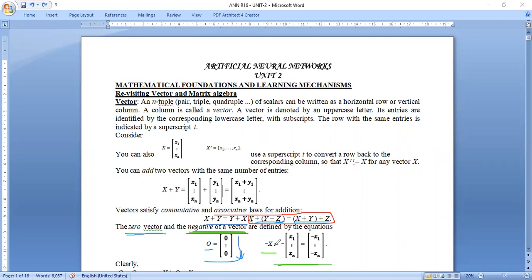So minus x equals minus x1, x2, xn. Or you may represent it like this: minus x1, minus x2, minus x3, minus xn. This is the representation of a negative vector here. And this is the zero vector, and this one is the negative vector. Clear?